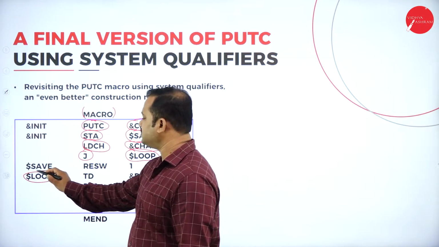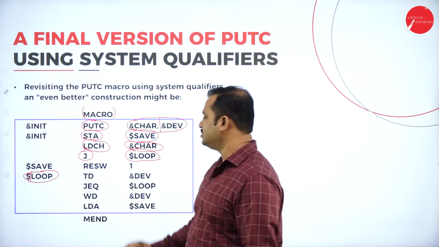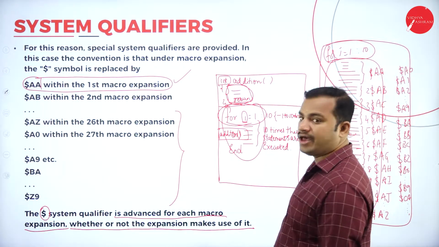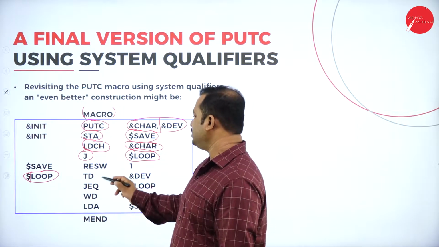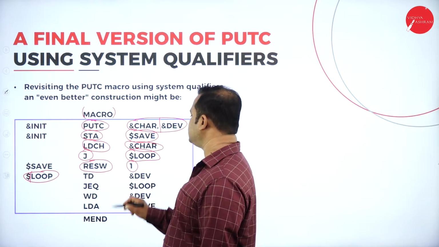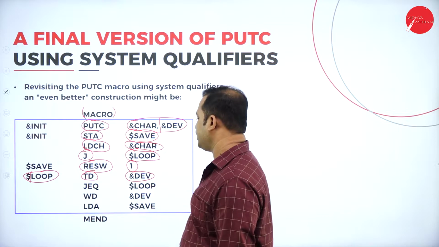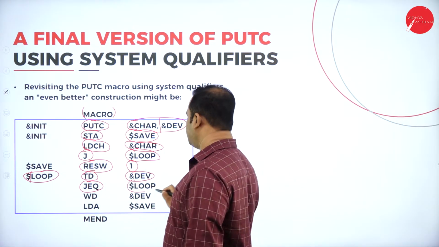The looping label lies here. So again, we have a system qualifier, that is dollar here, similar to the looping statement which you observed in this case. We have the very first reserved word, then we have TD, then &DEVICE. Jump if equal. If it is equal, jump to this statement.